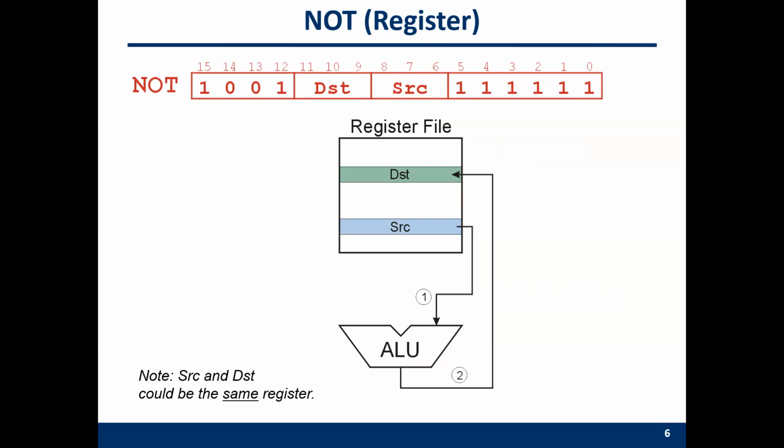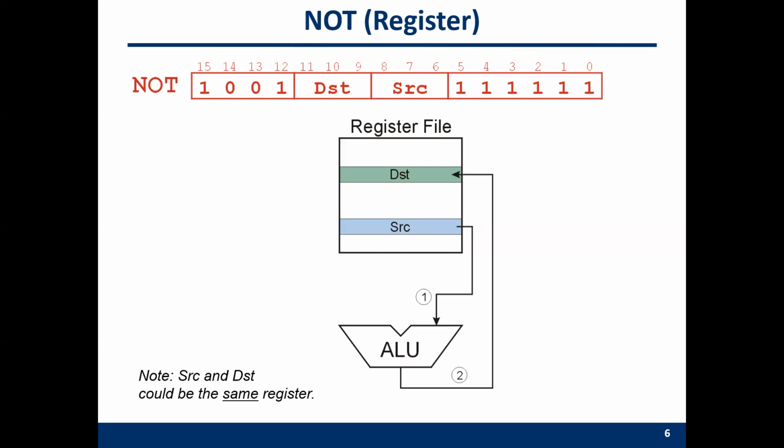When the CPU sees this value, it will know that this is NOT. For the NOT operation, you will have a destination register and a source register. Each of them is 3 bits because we only have 8 registers. And all the other values here are ones.